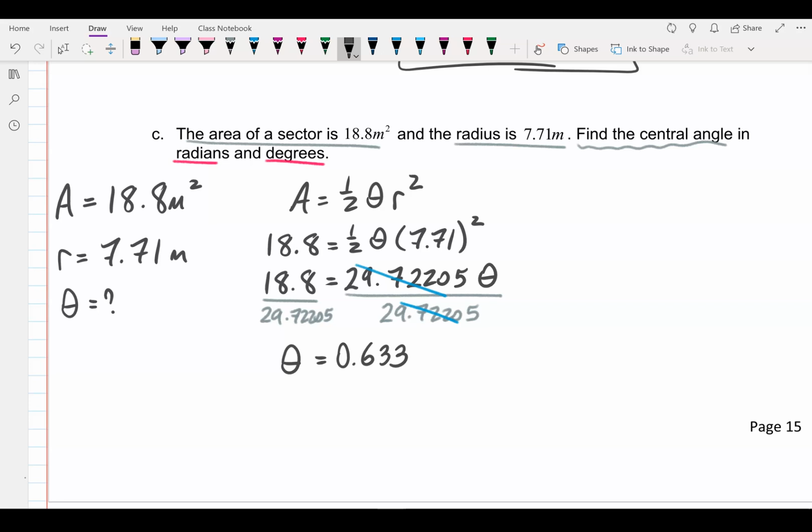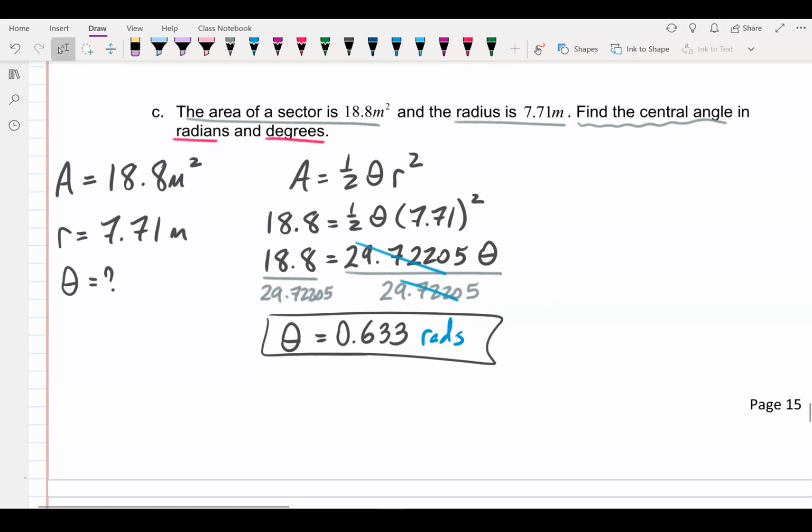Now you need to know that at this point, because this formula uses radians, you're going to get an answer here in radians. Remember that, again, the formula used only deals with radians, always. So this is our radians answer. Now, if we want our degrees answer, we should convert it. So we know that our angle is 0.633 radians.